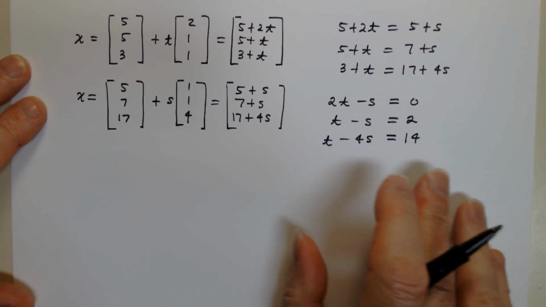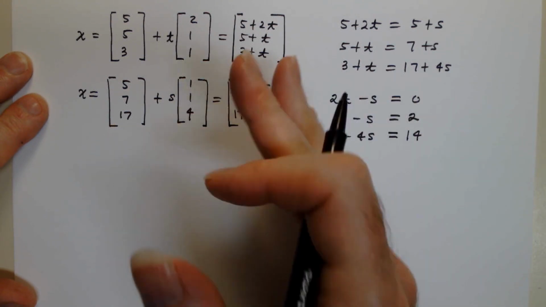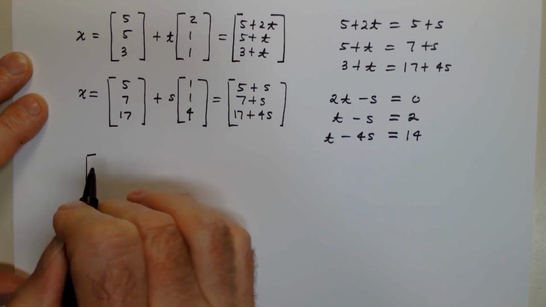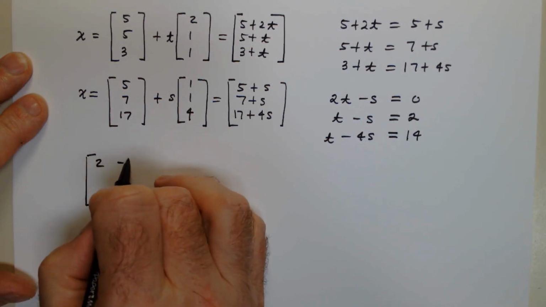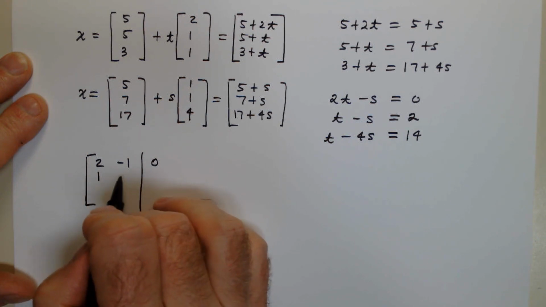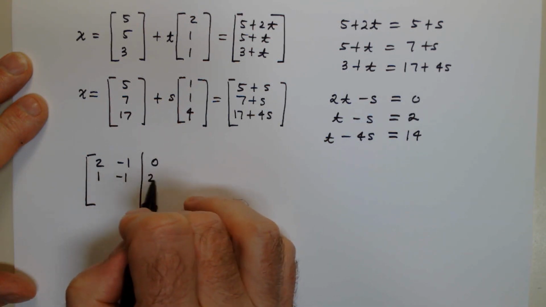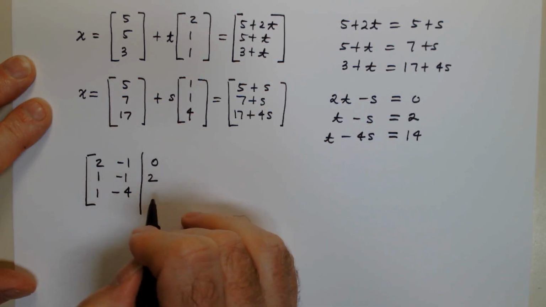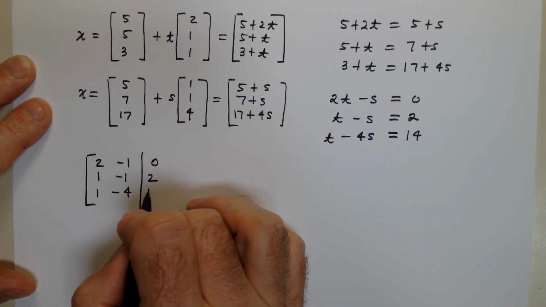Now, as an augmented matrix, I can just think of these as columns, and I can write this augmented matrix as 2, -1, 0; 1, -1, 2; and 1, -4, 14.